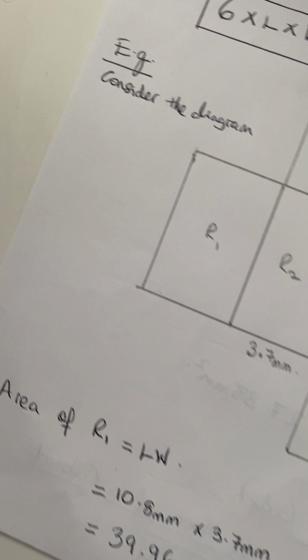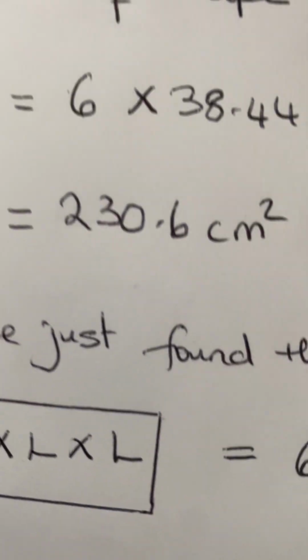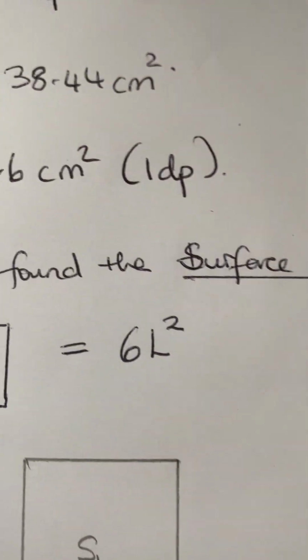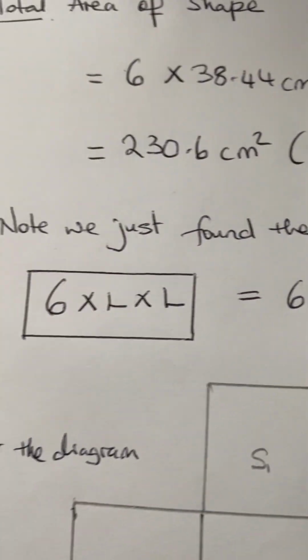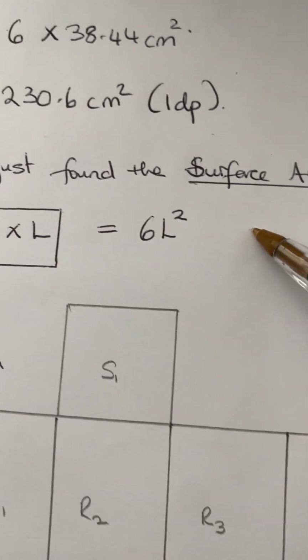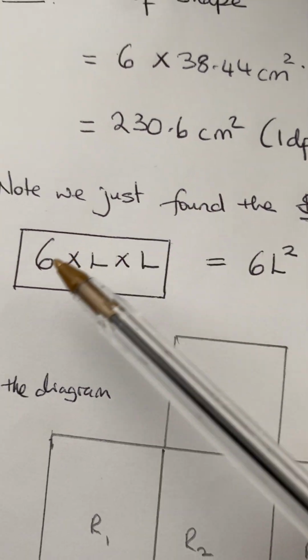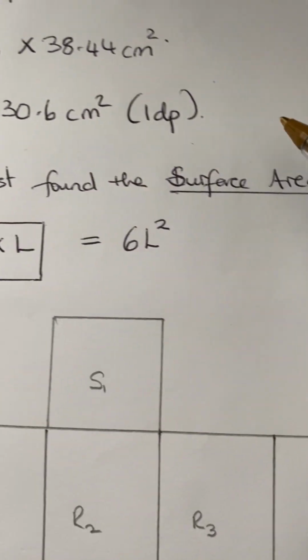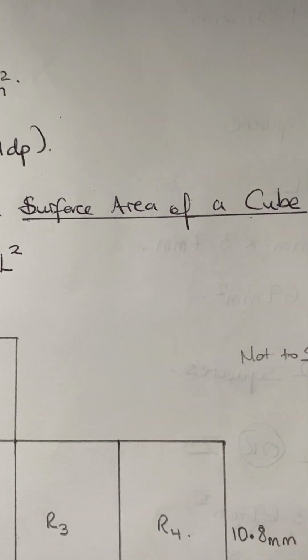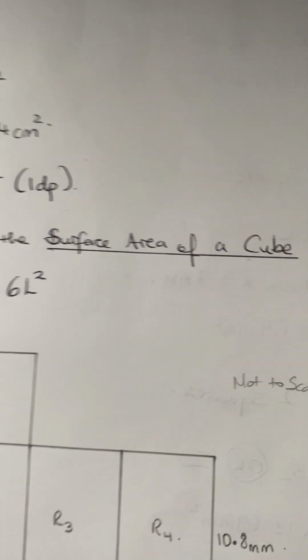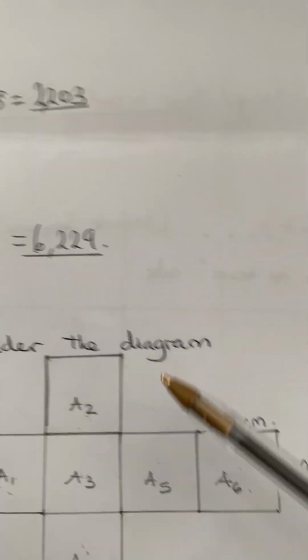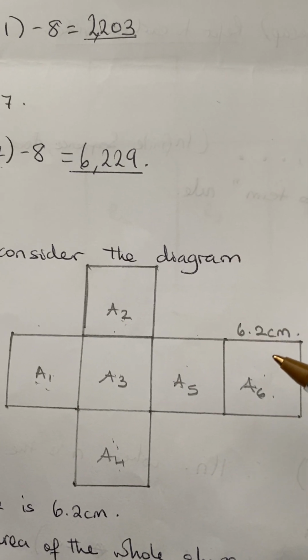So this is the first one. What we just did, as I've explained, normally this is the formula we use, but we just found the area of a square, multiplied by 6, and then we got the surface area of a cube, which is this whole shape here.